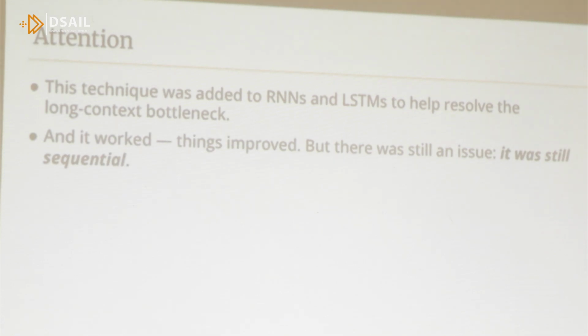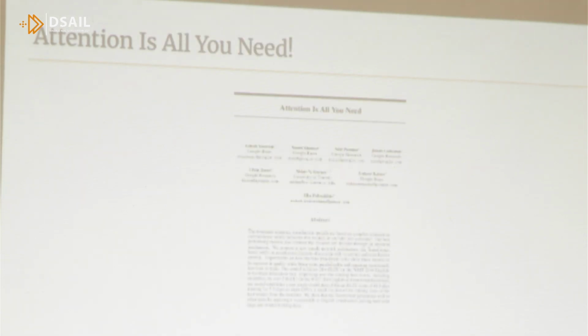And this technique was added to RNNs and LSTMs to help resolve the long context bottleneck. And it worked, things improved, but it was still an issue because the RNN and the LSTM were still sequential. So some of these memory issues we've resolved, but it's still very sequential. And so what if attention is all you need?